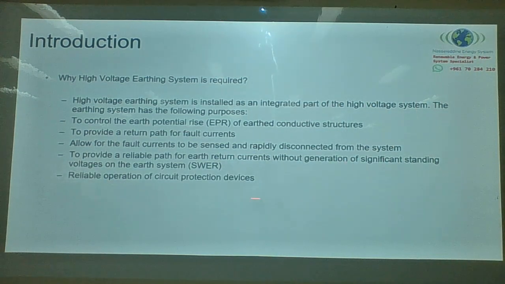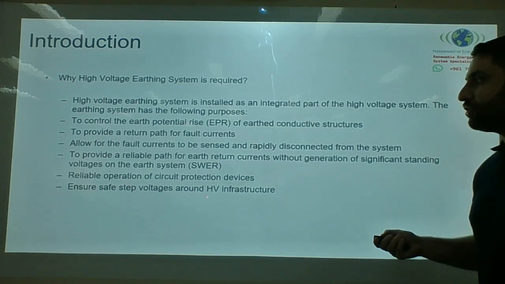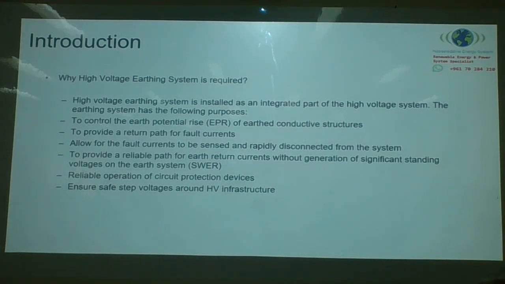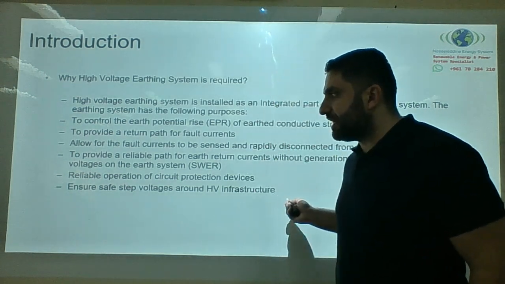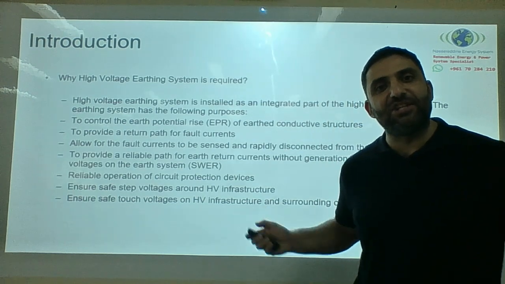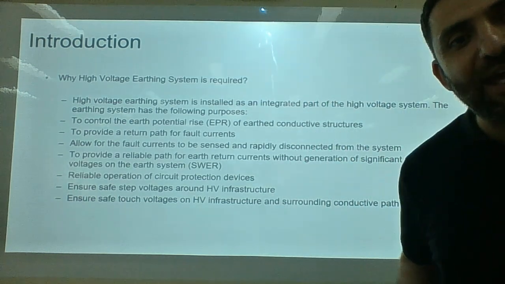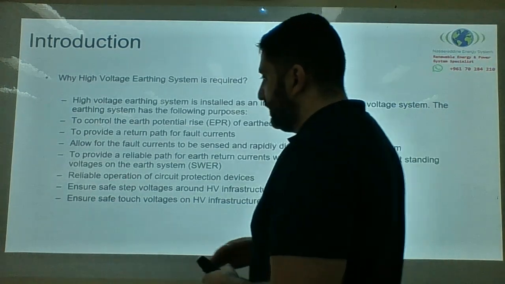Reliable operation of circuit protection devices, we already spoke about it. It also ensures safe step voltages around high voltage infrastructure. We will have an entire lecture to discuss these two points, step voltage and touch voltage.